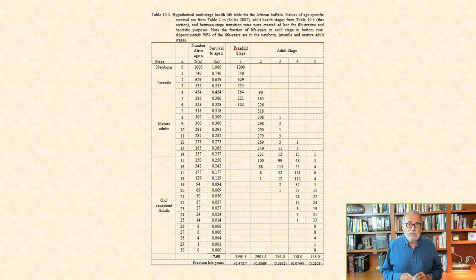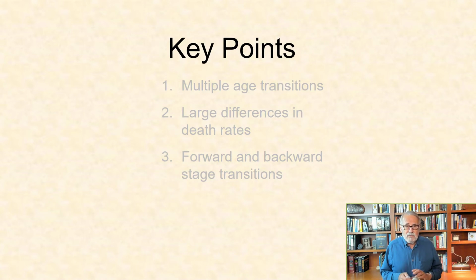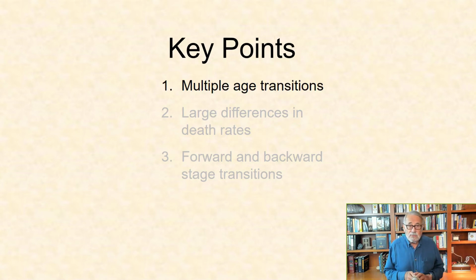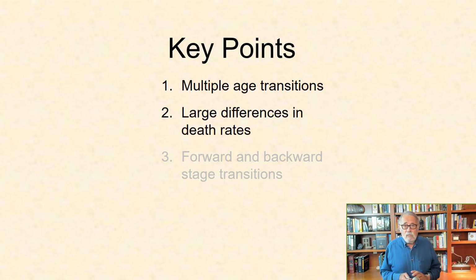Several aspects of the model schematic and the table output merit comment. First, these illustrate differences in the ages at which individuals may transition between stages. For example, not all individuals become sexually mature at the same age, nor do individuals transition to different health states at the same rates. Second, death rates may differ drastically among individuals of the same age who are in different health states.